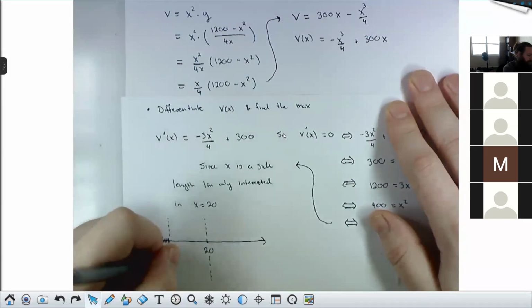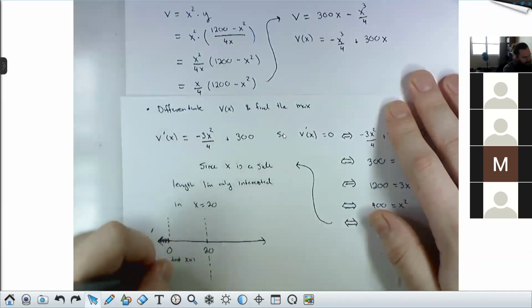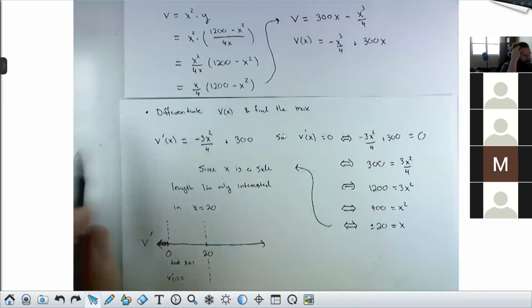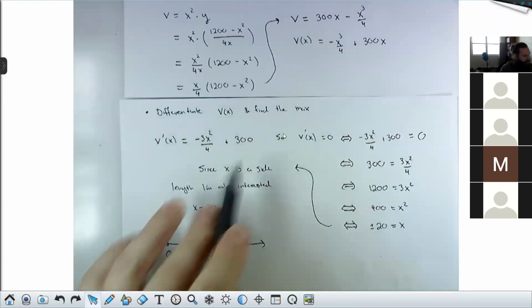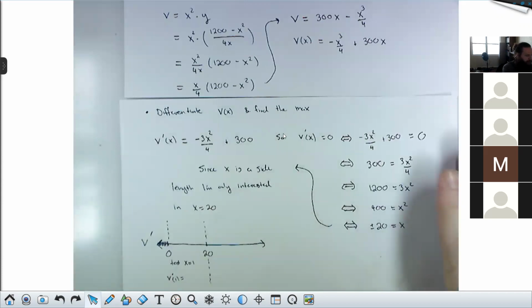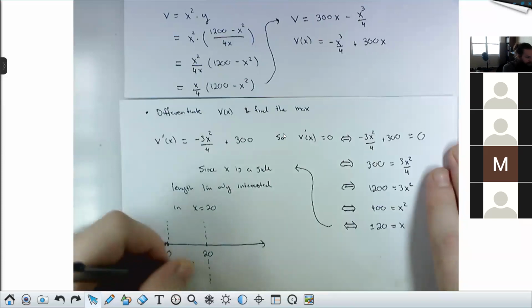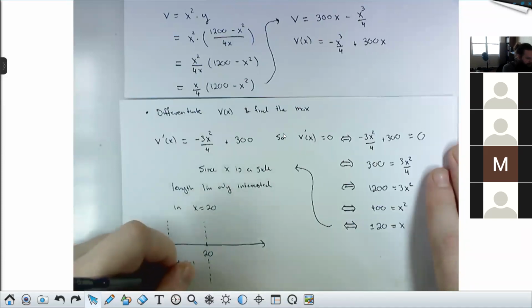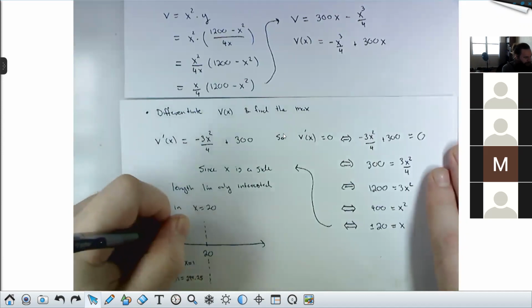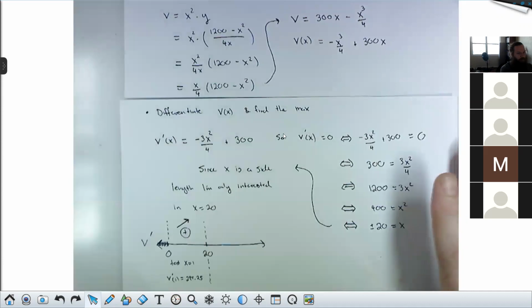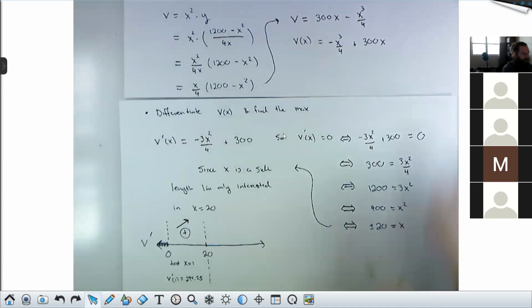And in here I can test something like x equals 1. V primed of 1, if you plug 1 in here, this is 300 minus 3/4, which would be 299.25, which is definitely positive. So my V function is increasing everywhere to the left of 20.